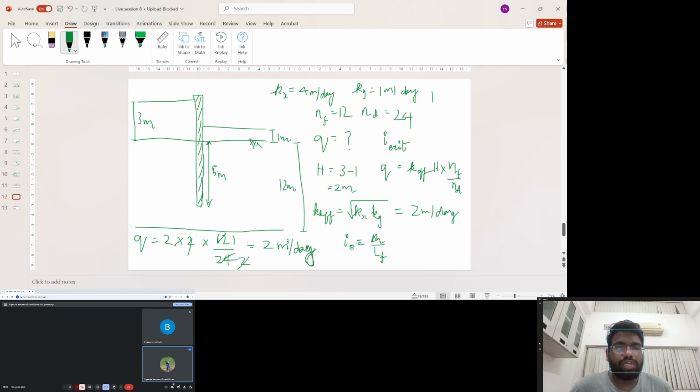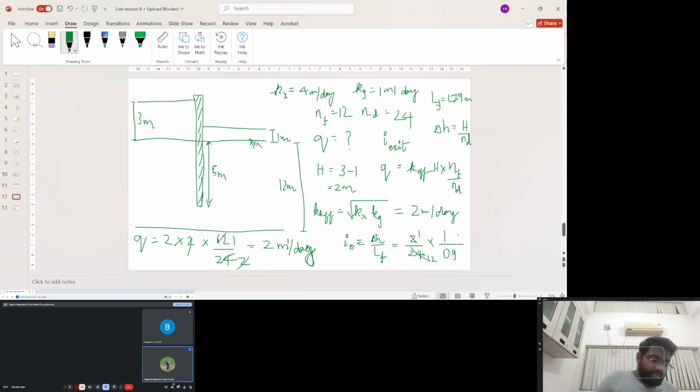So length of the flow channel is given to us as average length, so that can be taken as the length of the exit flow also. And for computing delta H, we need to calculate capital H divided by ND. So H is 2 meters, ND is 24 into 1 by 0.9. So this will be 1 by 12.